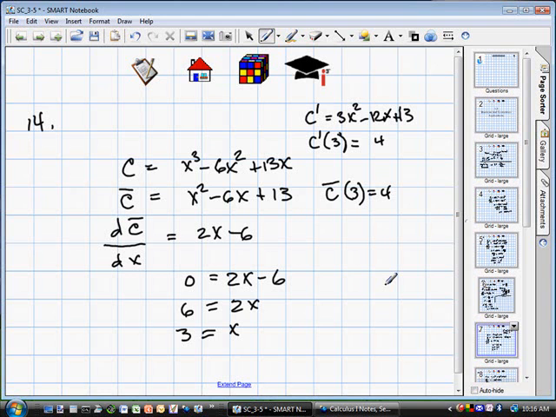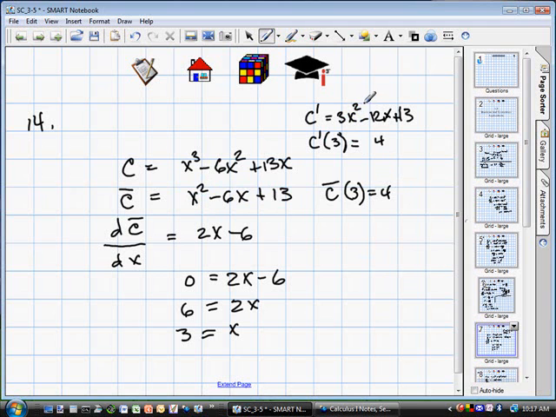All right, what's the average cost at 3? What's C bar at 3? Just come into this equation, plug in 3, and you get what? 9 minus 18, which is negative 9, and negative 9 plus 13 is 4. And then I found C prime at 3.